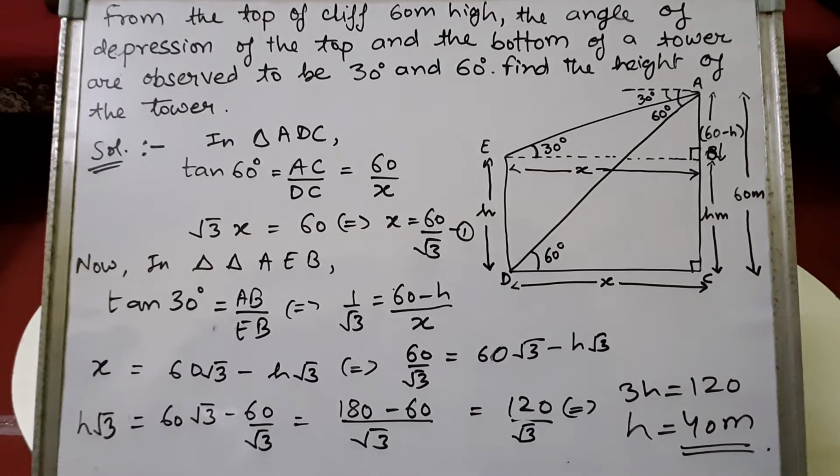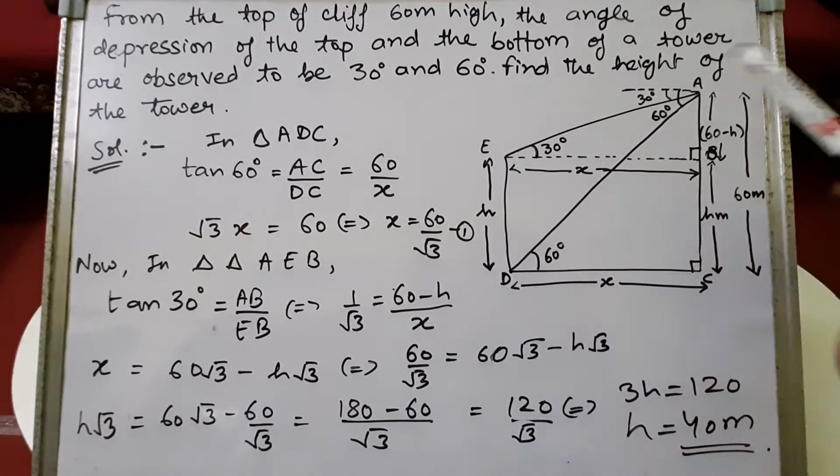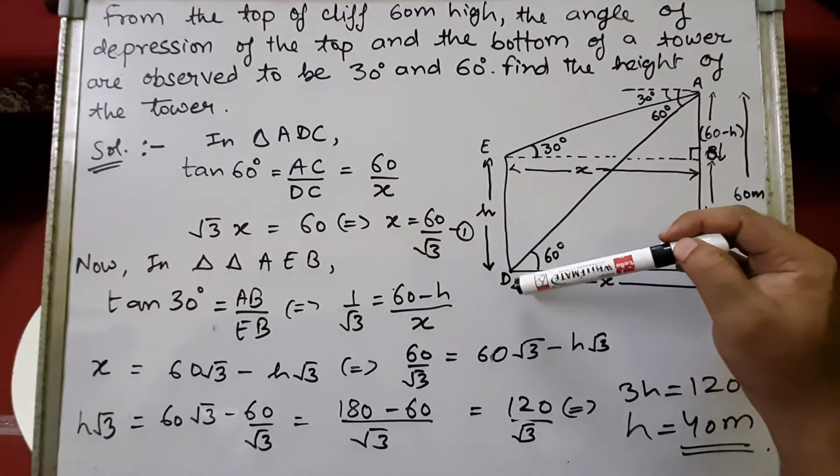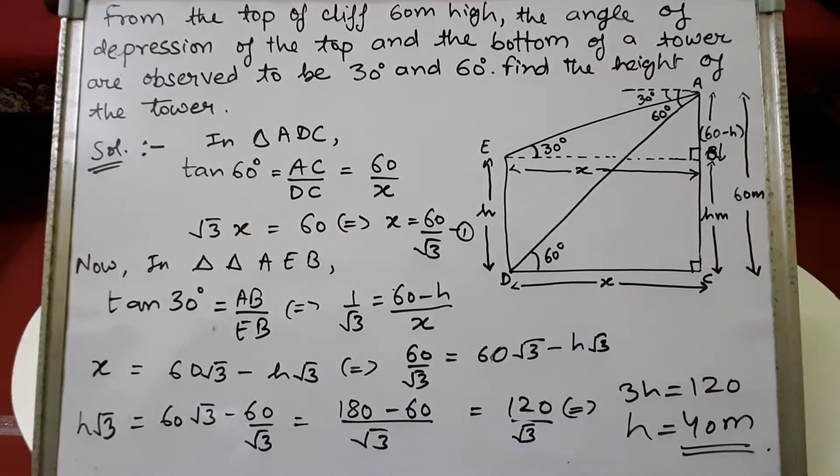Right. So let the cliff be AC of height 60 meters, and the tower ED of height h meters. Now when we are watching the top of the tower from point A, from the top of the cliff, the angle of depression is 30 degrees.